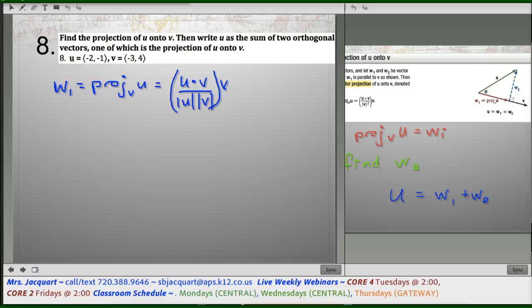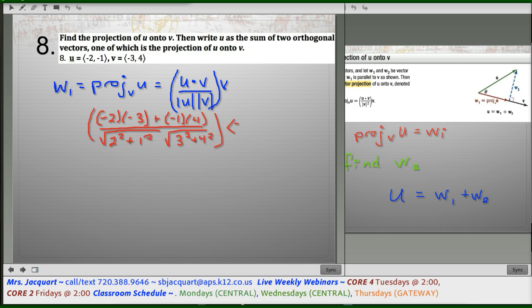U dot V is going to be -2, -3, plus -1, 4, all over square root 2 squared plus 1 squared times 3 squared plus 4 squared, and then our vector.